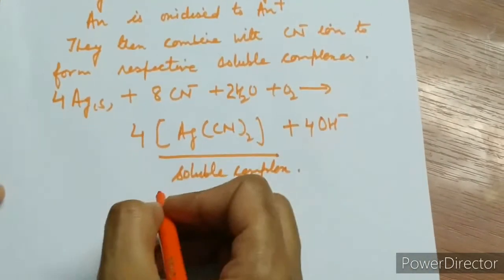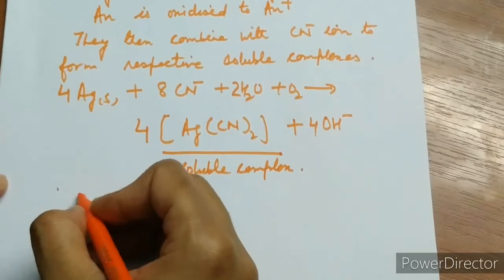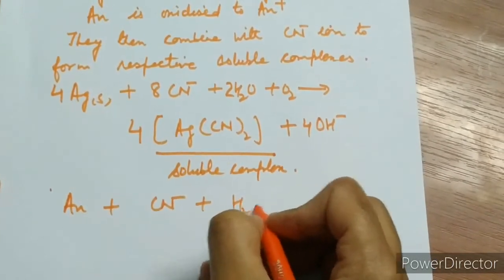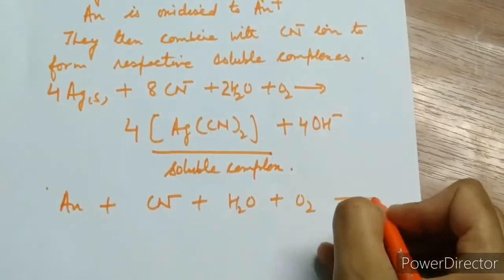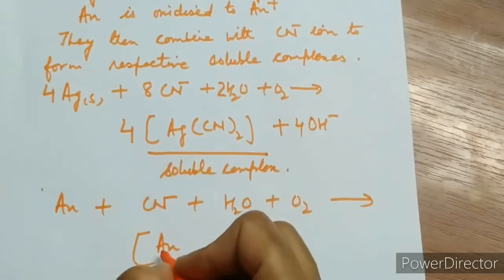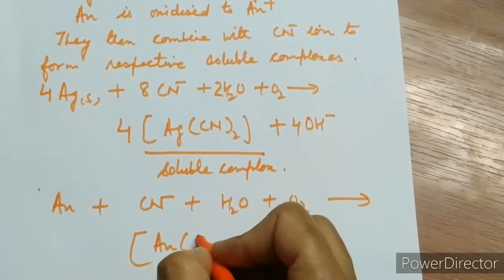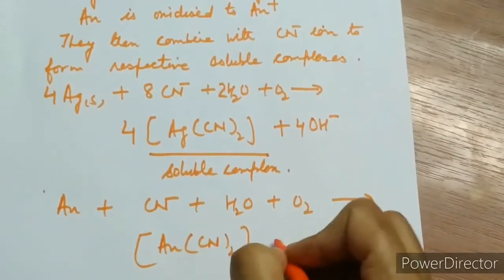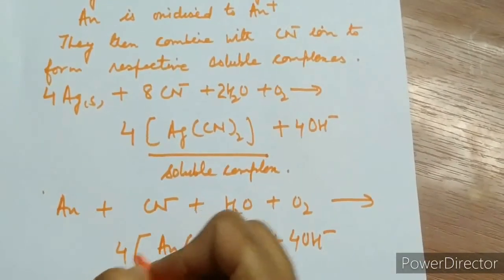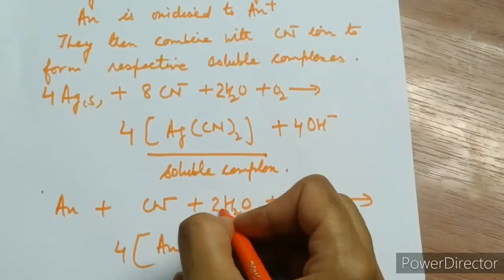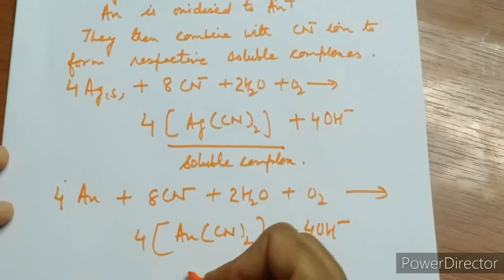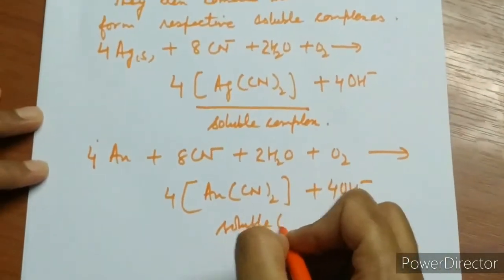Same reaction is for gold also. Au plus cyanide plus water plus oxygen, it will form a complex. In case of silver, here it is gold, Cn whole twice plus hydroxide ions. Now you have to balance the reaction.